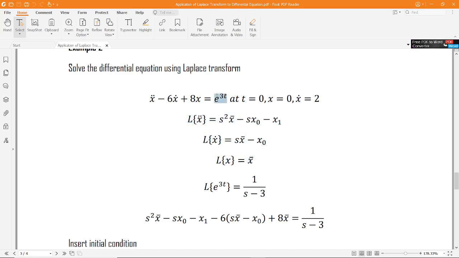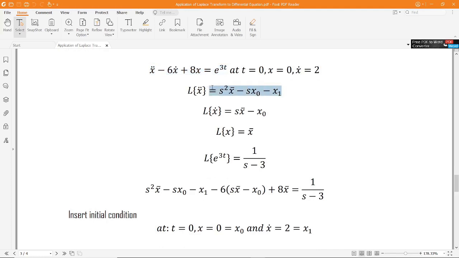Then the e^3t will be gotten from the standard Laplace table, which is 1 over s minus 3. That is where this one came from. So putting all of this back into this equation, all of this will go for x double dot, all of this will go for x dot, and all of this will go for x bar, and this will go for e^3t, which is what has been done here.